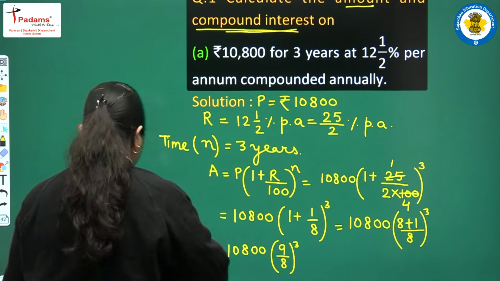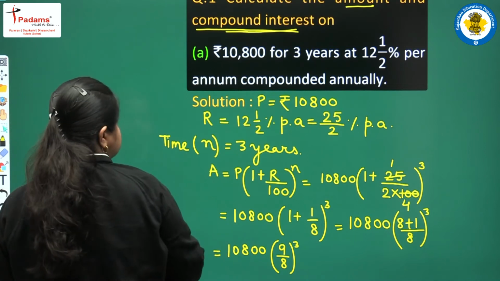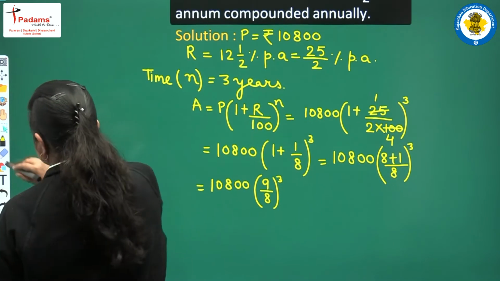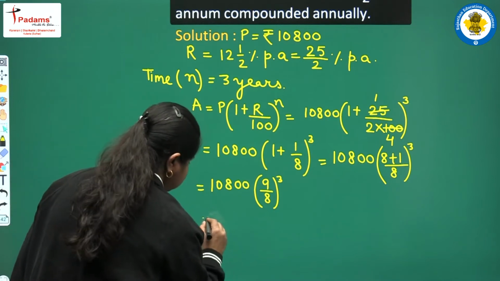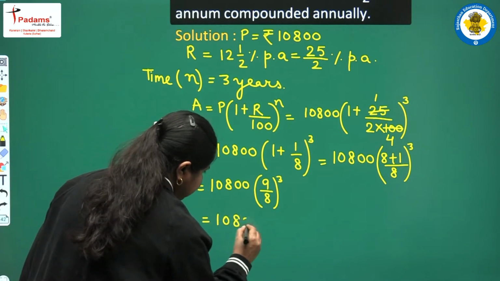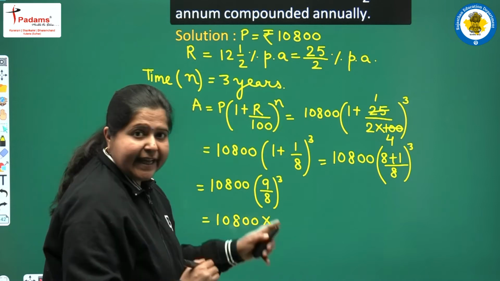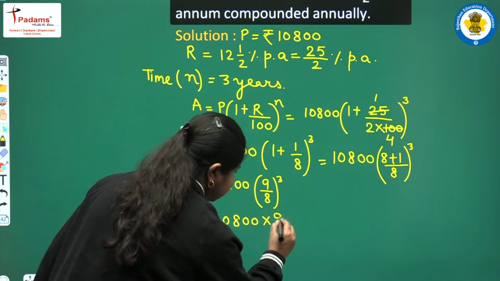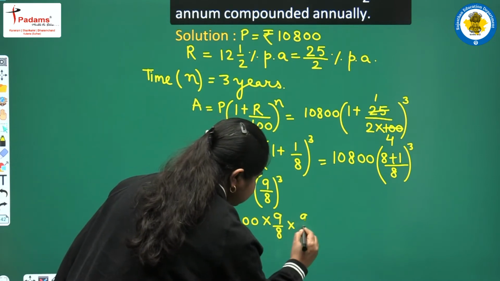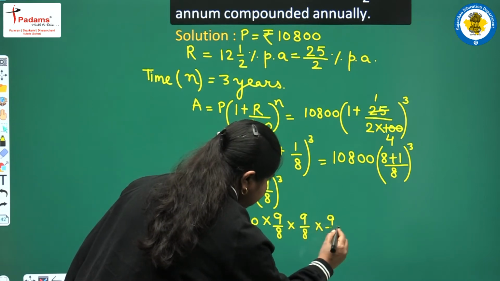Okay, now we need to simplify. Let us write here 10,800, and since the power is 3, we will multiply 3 times: 9 by 8 into 9 by 8 into 9 by 8.